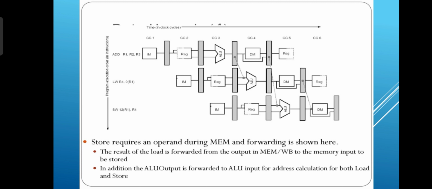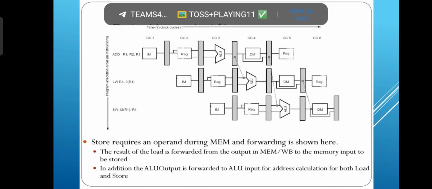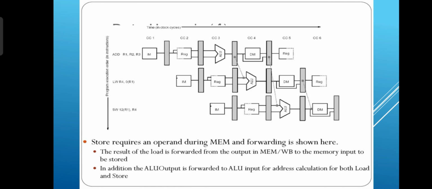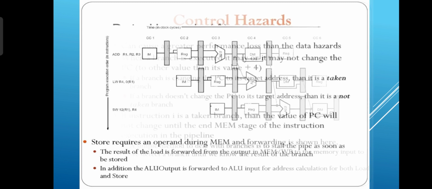Here there are multiple registers, ALU and IM. Store requires an operand during MEM and forwarding is shown here. The result of the load is forwarded from the output of MEM/WB to the memory input to be stored. In addition, the ALU output is forwarded to the ALU input for address calculation for both load and store.